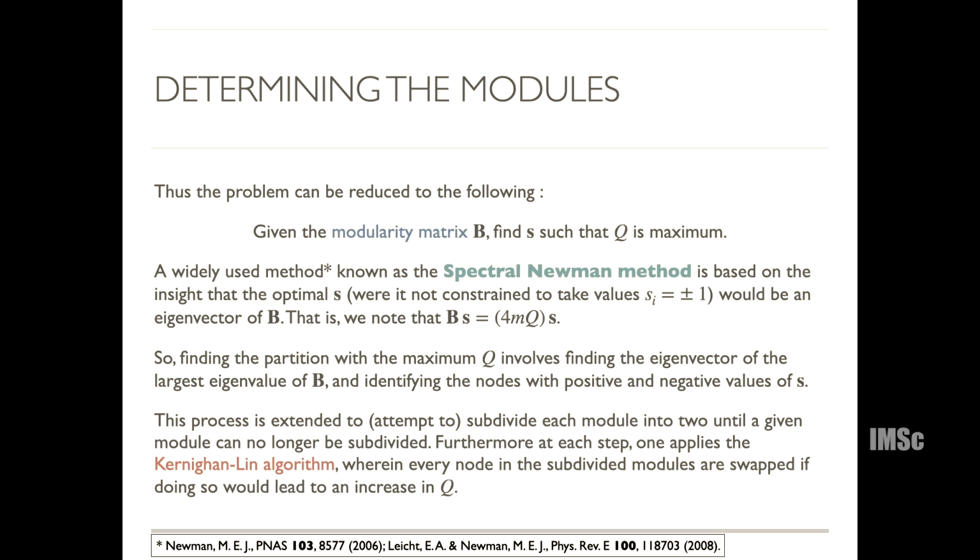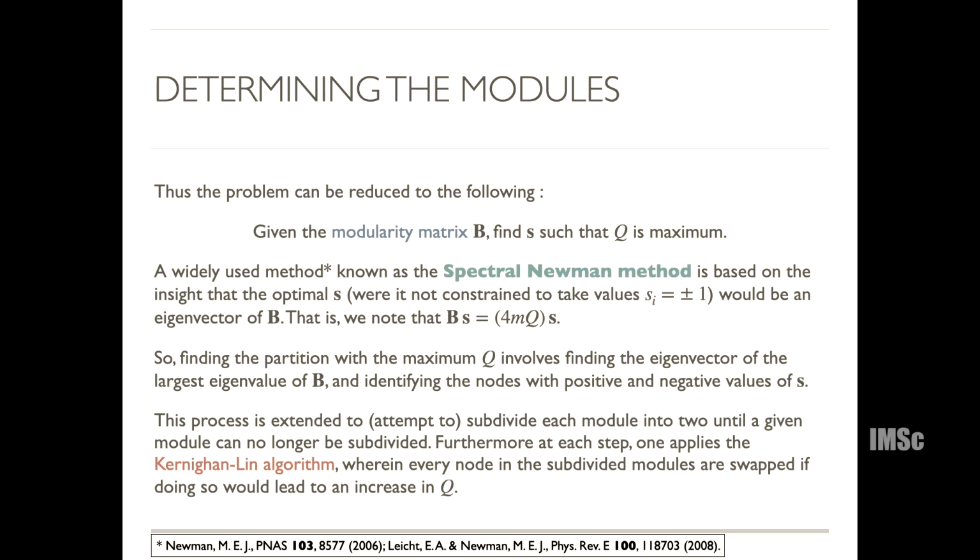So what we have to do is find the eigenvector of the largest eigenvalue of B, right? But there's a small problem, which is that we can't just take the eigenvector of B, because S is not just anything. S is specifically +1 and -1.